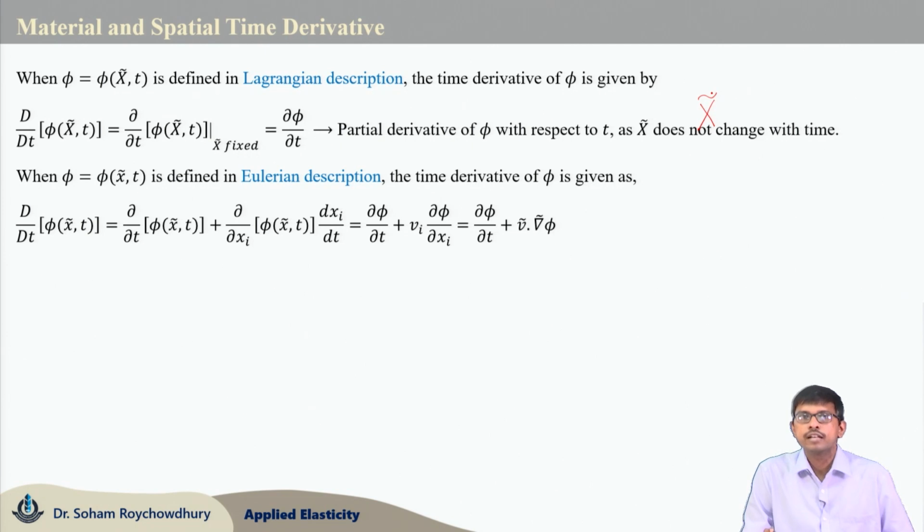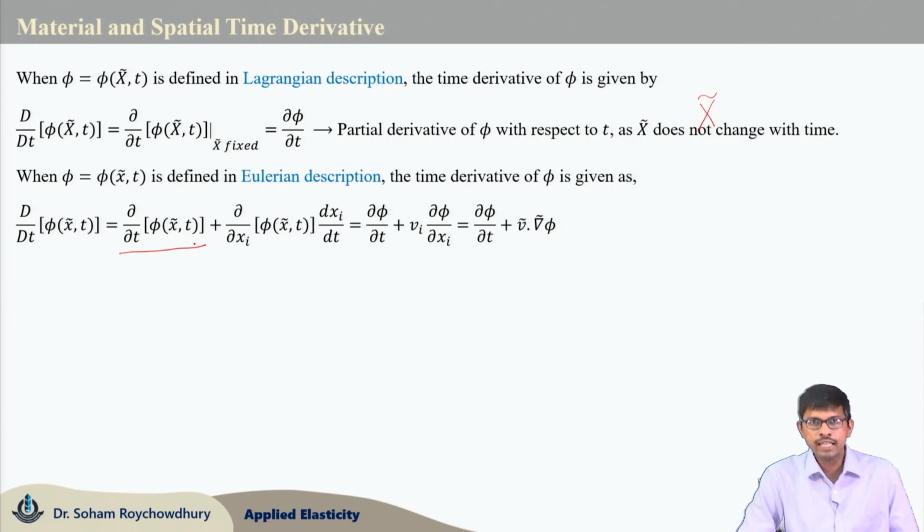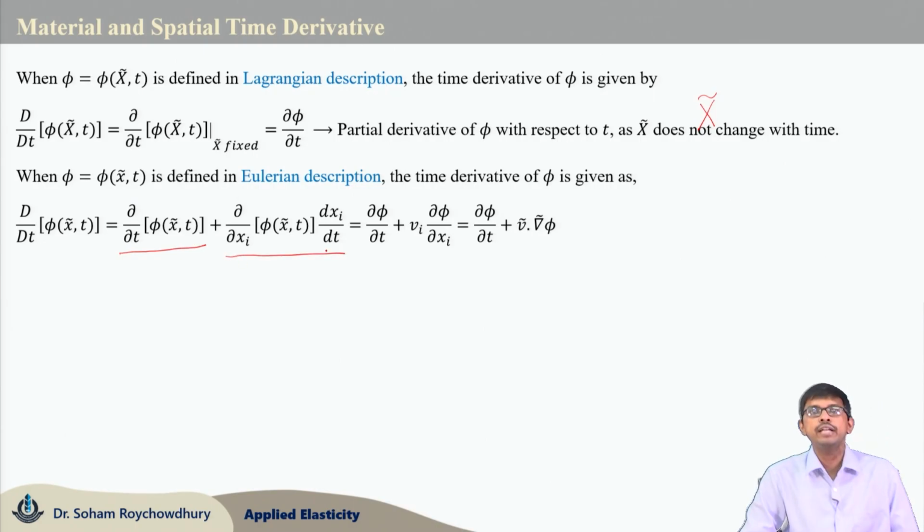So, here D phi Dt is equal to summation of two sets of terms. First, in this term we are taking the time derivative with respect to t, whereas here we are accounting for the changes coming due to changes in small xi components. So, D phi Dt can be written as del phi del t plus del phi del xi into d xi dt.